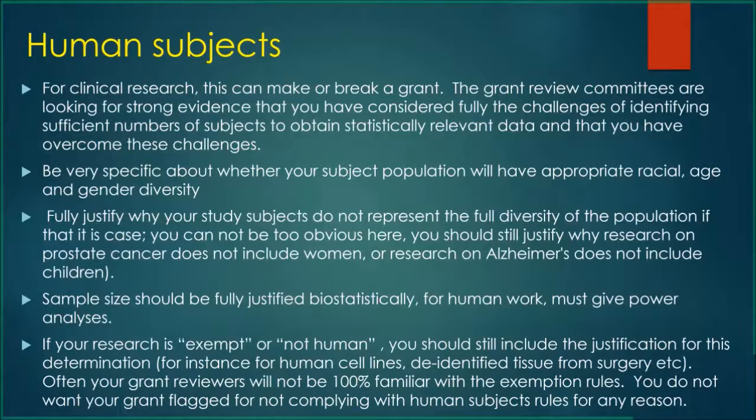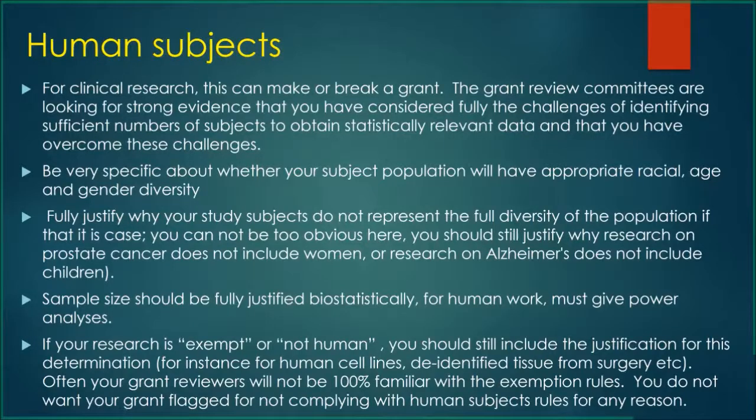You need to show power analysis to say that you have made realistic approximations of how many patients you're going to see, how many of them are willing to consent to your study, and that if you don't have enough patients in your local environment, how have you been trying to bring in alternate sources of patients, and is that going to overcome the challenge of not having enough patients in your environment? You also want to be really specific about the racial, age, and gender diversity of your subject population.